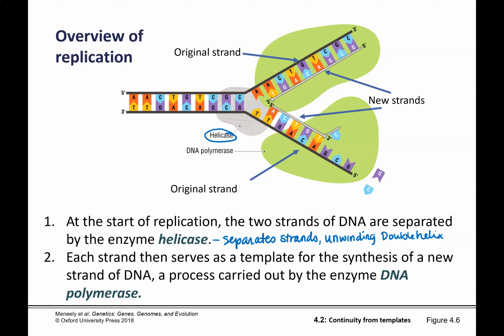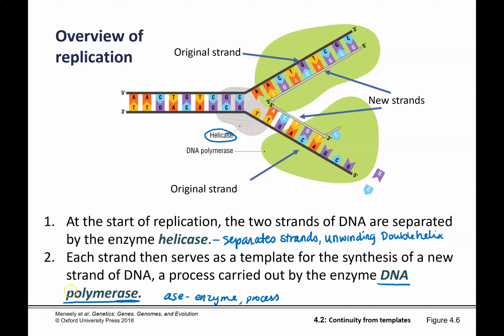And this process of making the new strand of DNA is carried out by an enzyme called DNA polymerase. So let's look at this word. Ase generally means enzyme or a process.